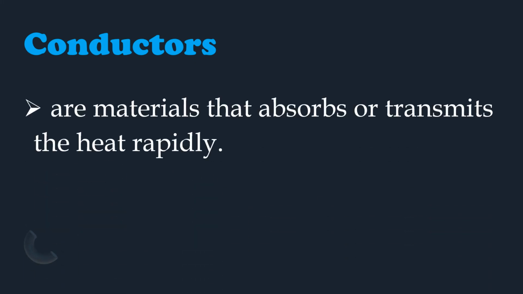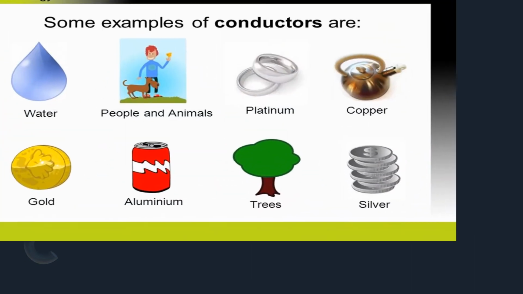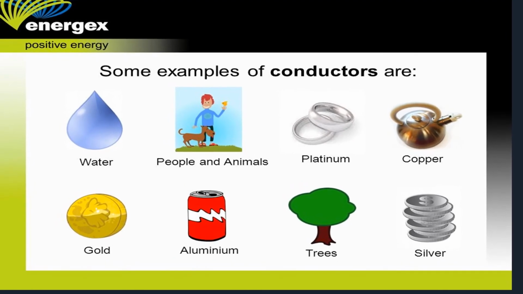Conductors are materials that absorb or transmit heat rapidly. They have the ability or power to conduct or transmit heat, electricity, and even sounds easily. These are some examples of conductors: water, people and animals, metals such as platinum, copper, gold, aluminum, and silver.